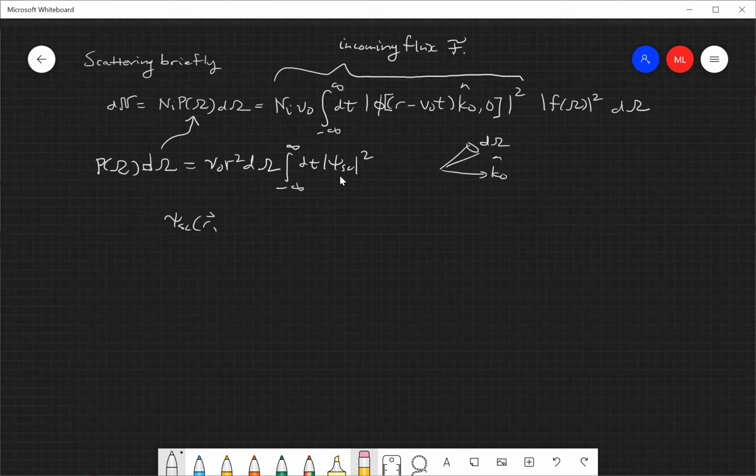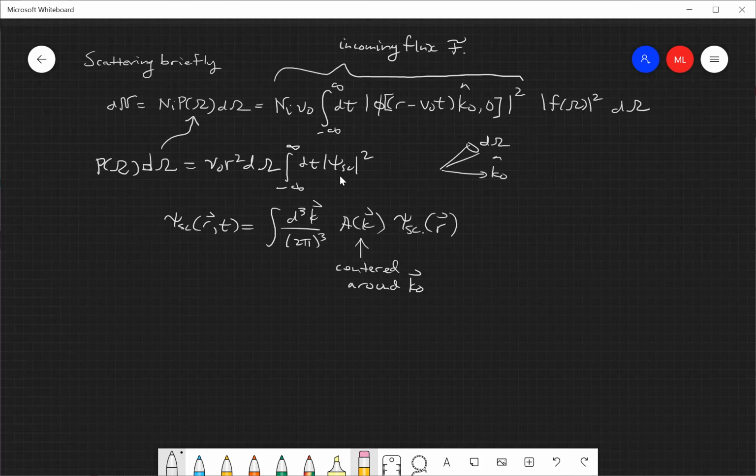Remember that this thing is a Fourier integral of an envelope that's centered around K0, the incoming momentum. And then you have the stationary scattered solution, the one that we solved in class with the spherical wave and so on. And then the time dependence is entirely captured in a phase factor like this.